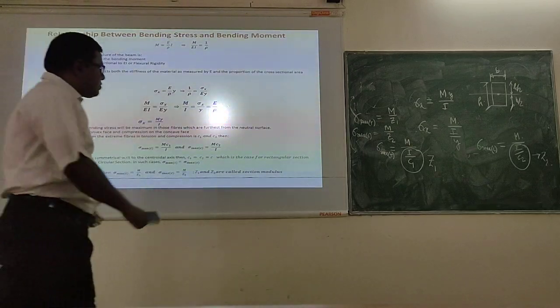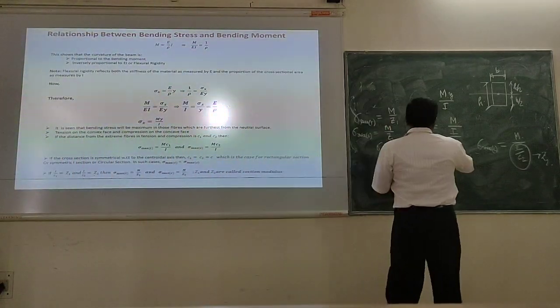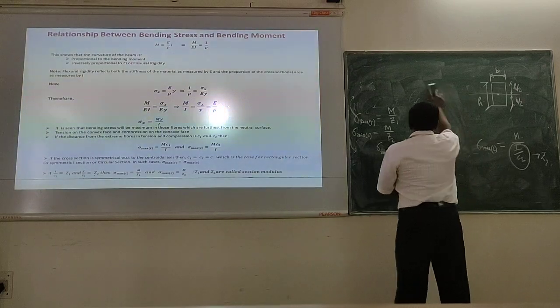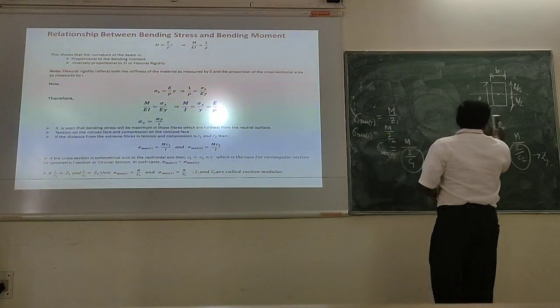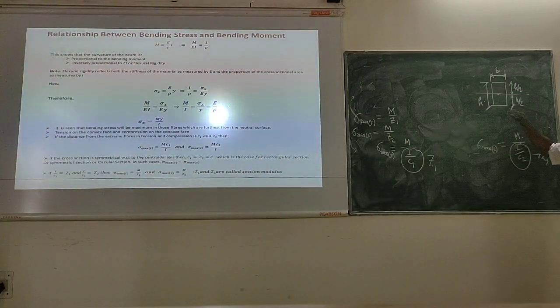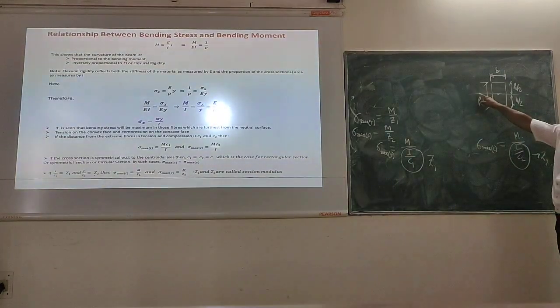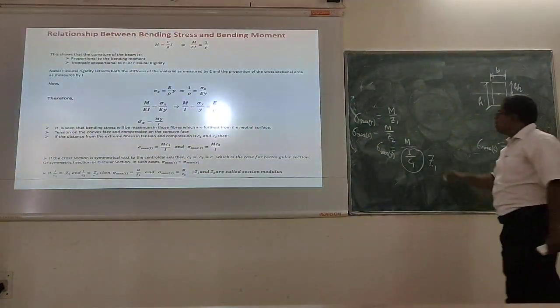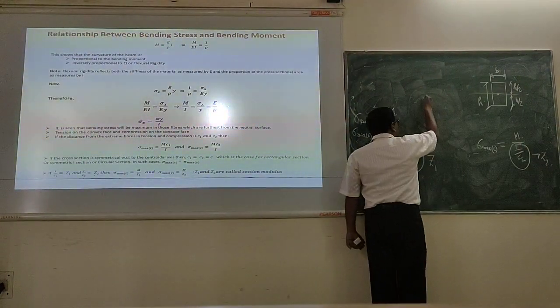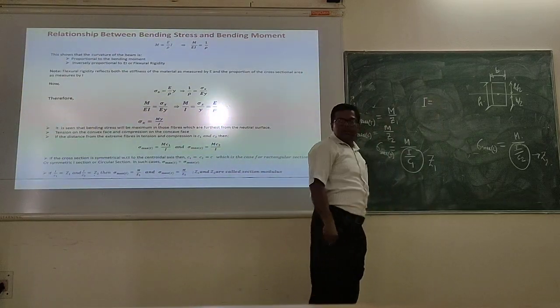Now, considering this, let's try to have another understanding. So now you tell me what is the moment of inertia for this rectangular section. If the centroidal axis is passing through this, the moment of inertia will be what?